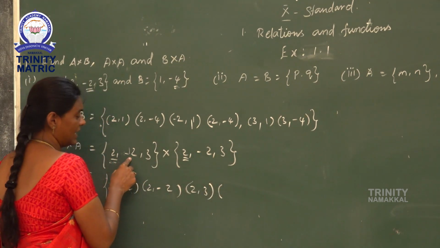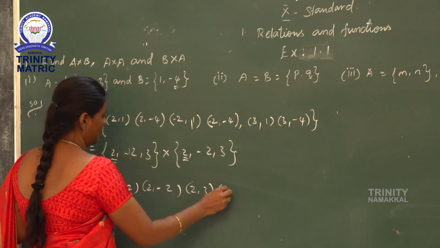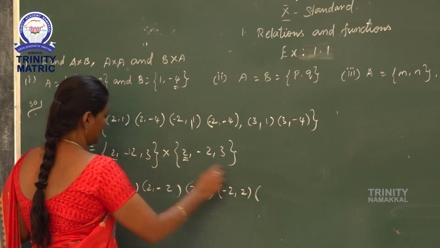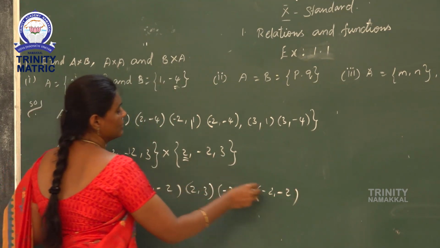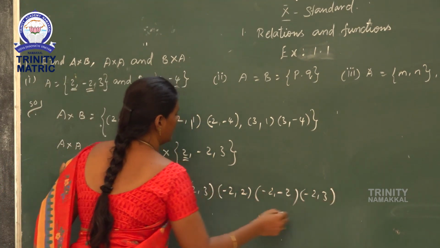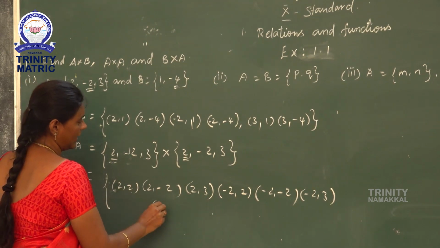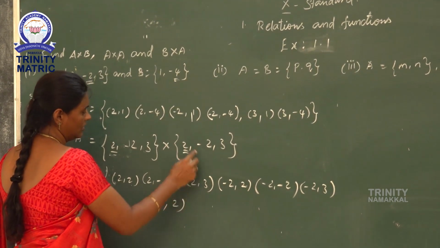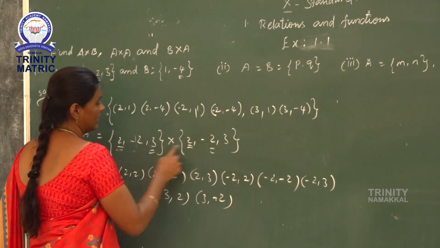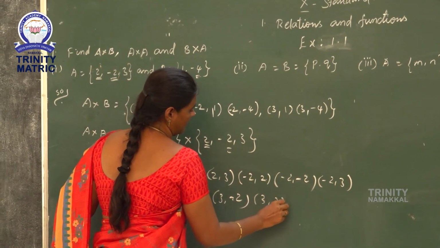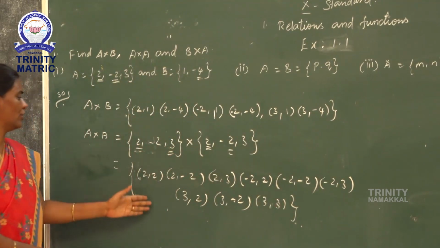Then we take the second element from A with the first element: (-2, 2), then (-2, -2), then (-2, 3). Then we take the third element from A: (3, 2), then (3, -2), then (3, 3). This is A cross A.